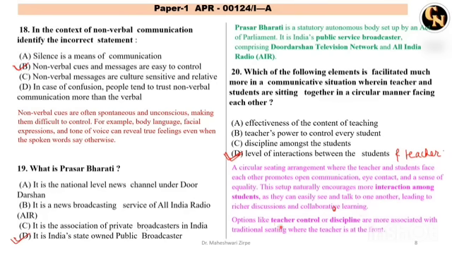Options like teacher control or discipline are more associated with the traditional sitting, where the teacher is in front of the students. So option D is the correct one, because there will be proper interaction between the students and teacher.